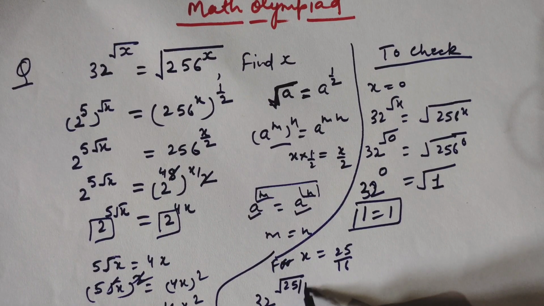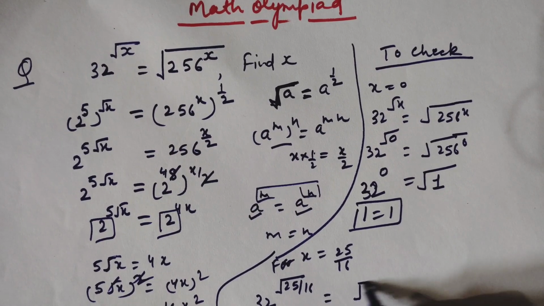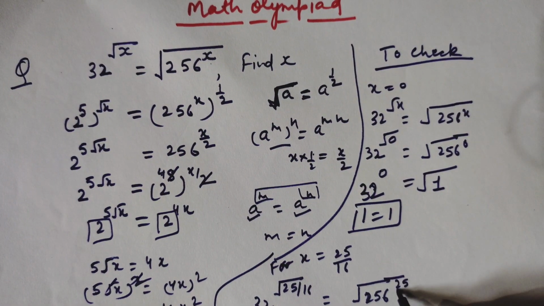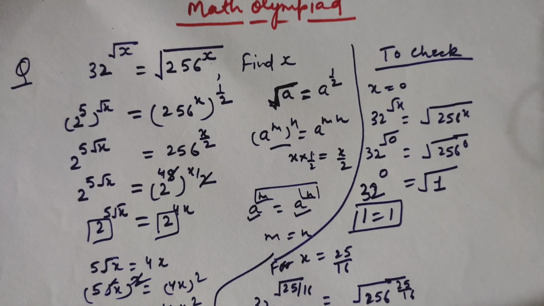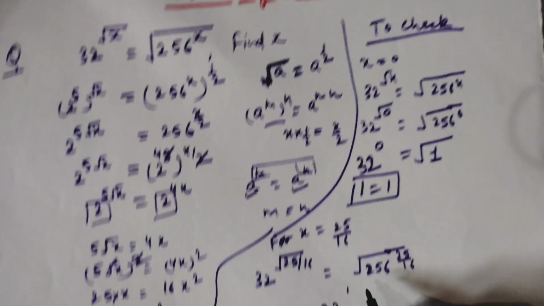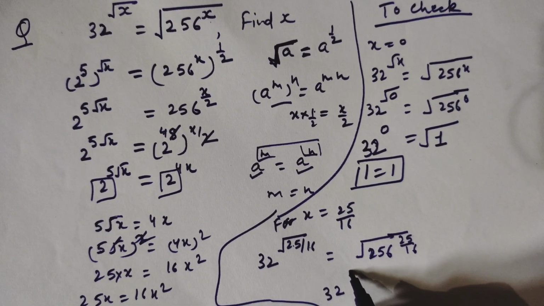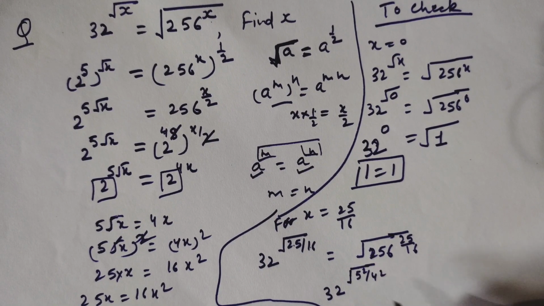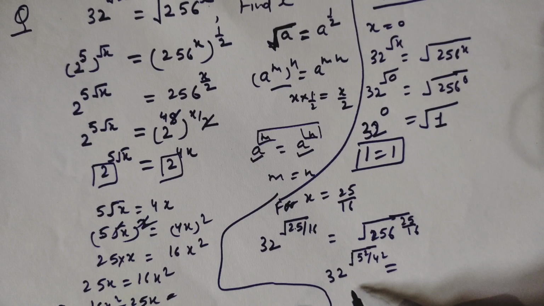Here 32 power root of 25 by 16. Can we write 25 by 16 as 5 squared upon 4 squared? So the square and the square root cancel, so 32 power is 5 by 4.